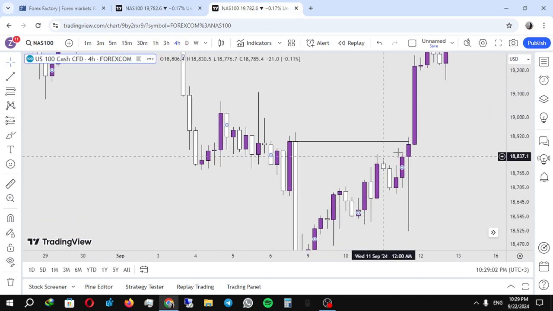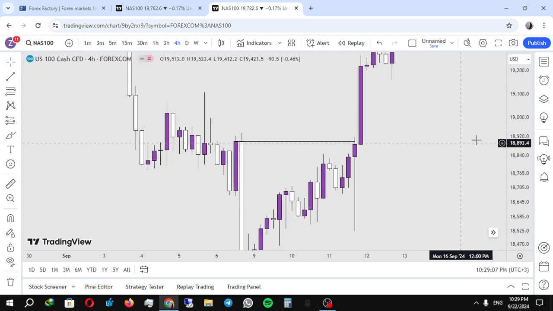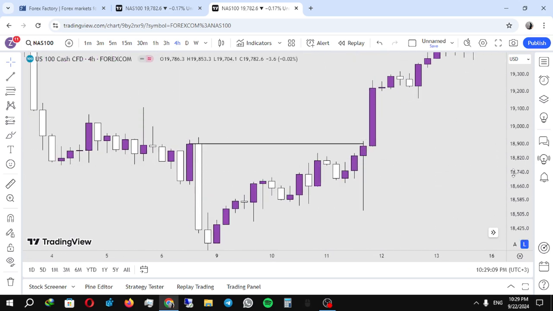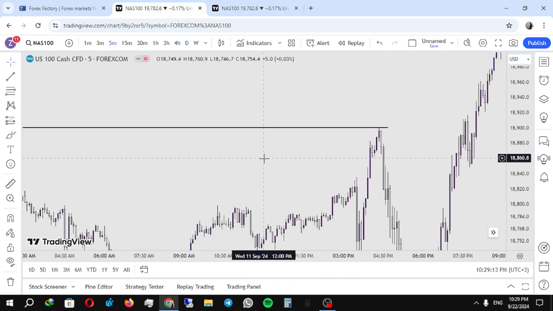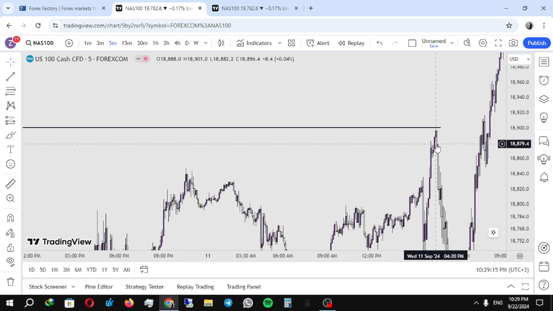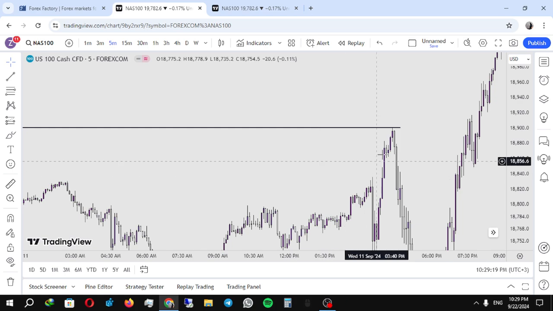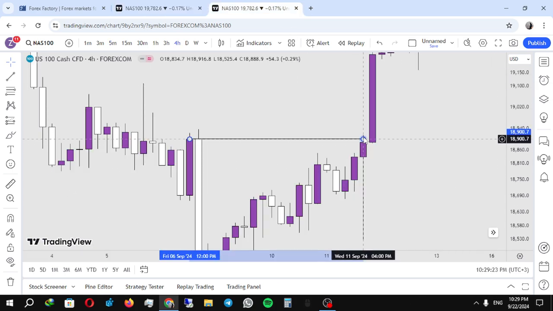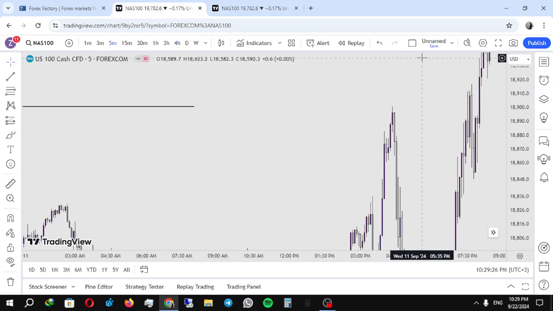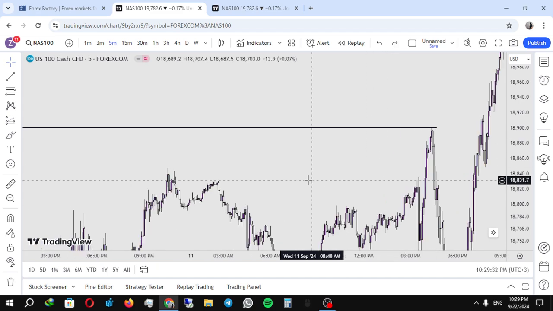On the 4 hour we had an order block touching right here. If we come close to the 5 minute, you're going to see that specific touch, right to the tick at 420.